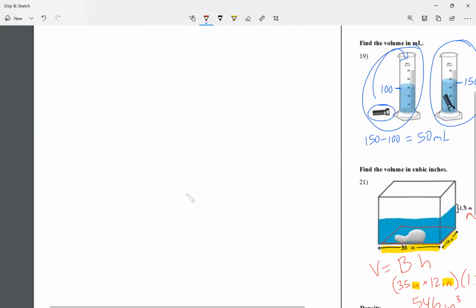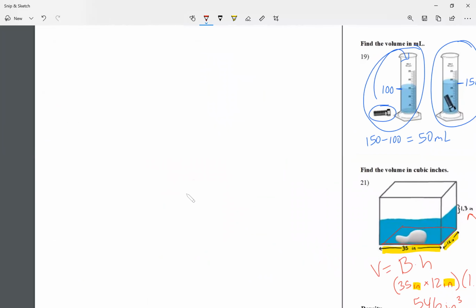All right, so let me move this real quick. Like I said, I just wanted to cover that so you guys know how to get volumes of odd looking shapes. But what I'm going to be doing on the homework is, imagine I have a figure. Let's do this figure, and I'm going to give you some measurements.